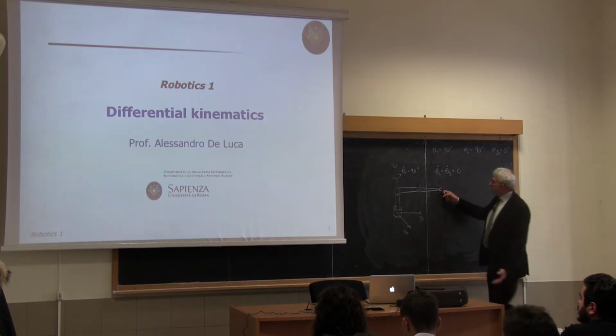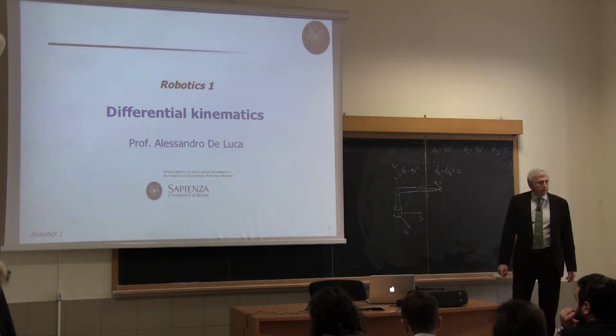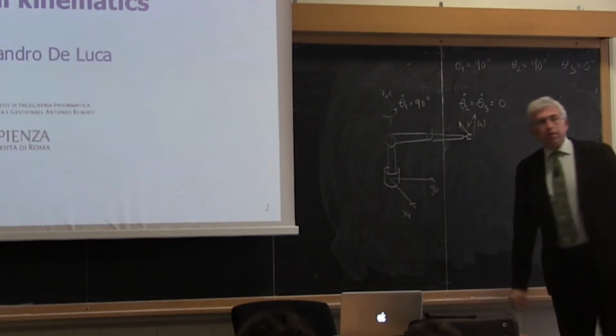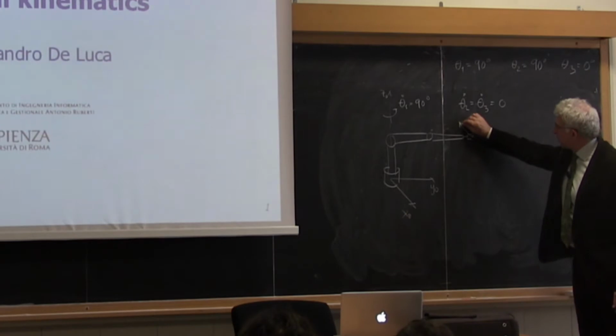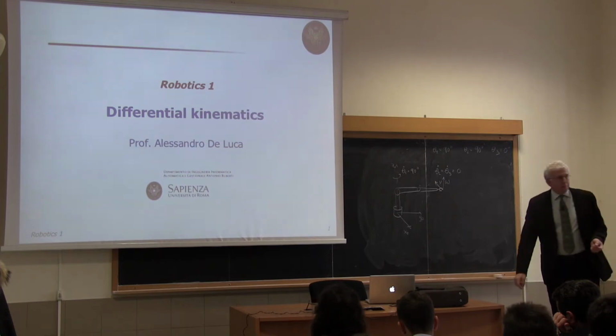So we expect that this will have some velocity v, and probably also some angular velocity omega. Okay, I'm writing two vectors here. So our task is to describe this mapping.